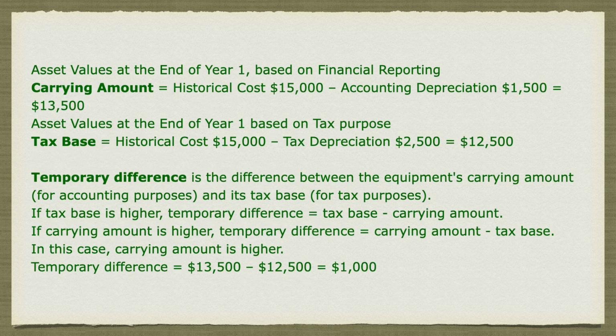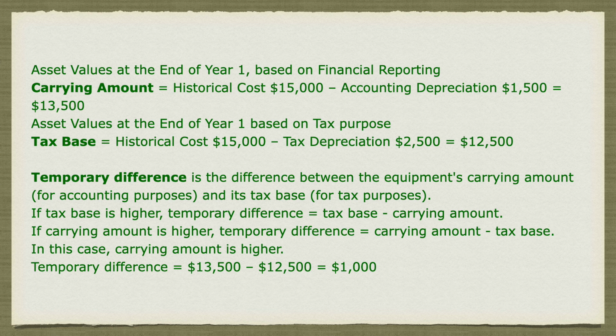Asset values at the end of year 1 based on financial reporting. Carrying amount equals historical cost $15,000 minus accounting depreciation $1,500 equals $13,500. Asset values at the end of year 1 based on tax purpose. Tax base equals historical cost $15,000 minus tax depreciation $2,500 equals $12,500.